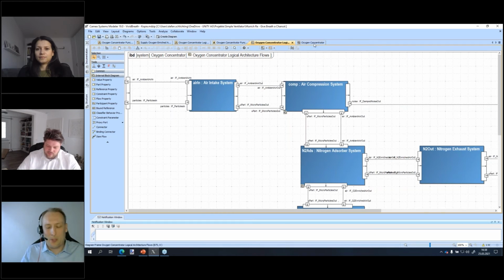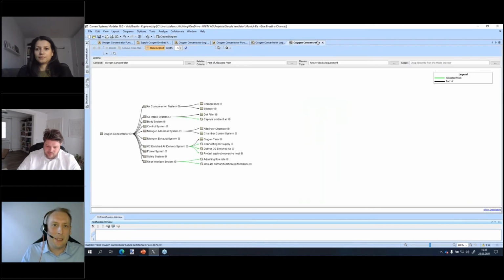And I think one of the aspects that I wanted to highlight here is really that, of course, now everything is in the model, it's connected, all the traceability is established.